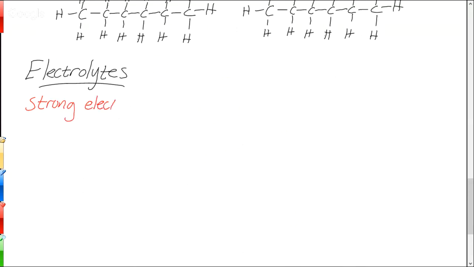So a strong electrolyte is a substance that breaks into ions in solution. So we could say it breaks up into ions completely.